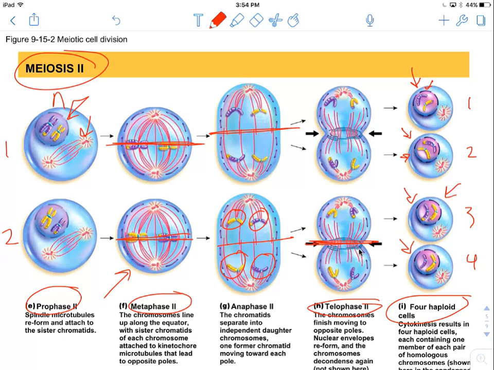This one has a purple chromosome with some yellow. This one has a yellow chromosome with some purple. And this one has a solid purple and a solid yellow. Okay, so you have 4 genetically different cells. And that's the goal. We want to have genetic diversity.